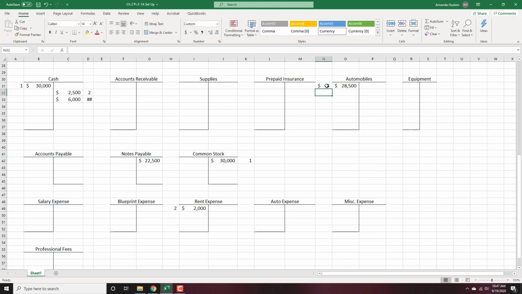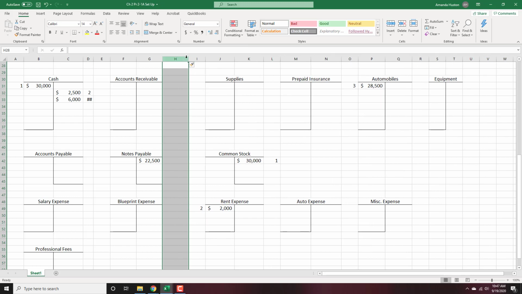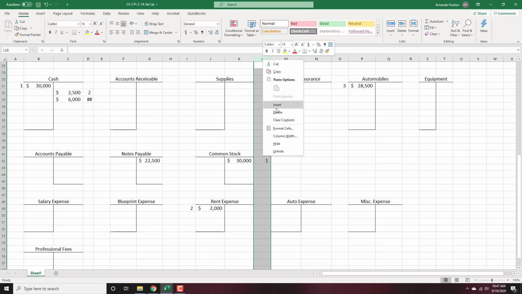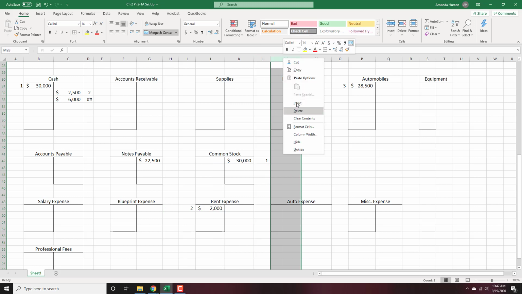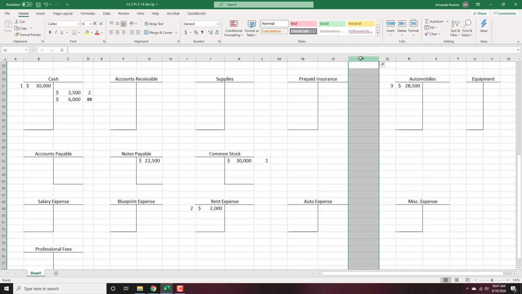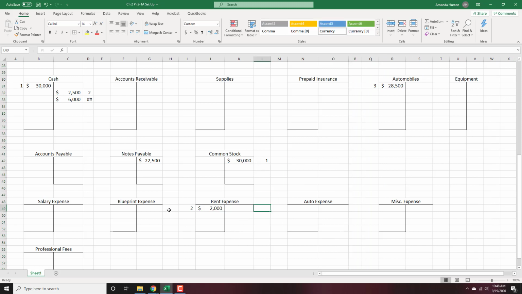I'm just adding lines so I can label these journal entries. Right, and this is journal entry number 3. I'm labeling them so you can look back and see where this came from.